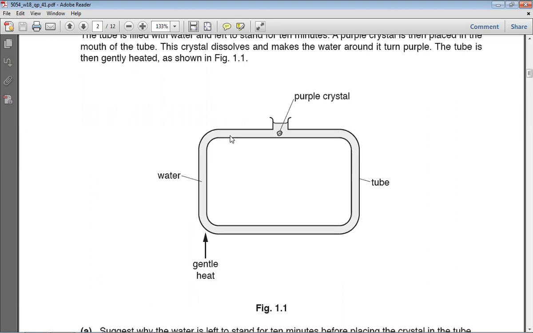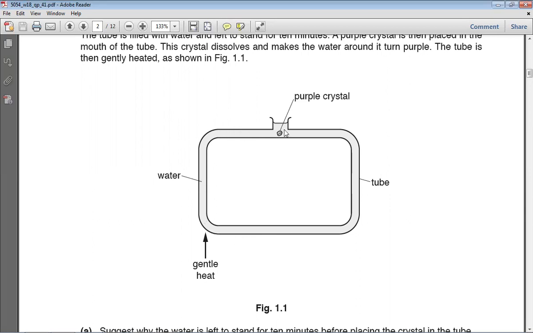So here, this is figure 1.1. This is a glass tube and it is filled with water. Here they have placed a purple crystal and here they are gently heating it. Obviously the water here gets hot and convection currents are set up. From here, the water will go up. From here, the water will go down.